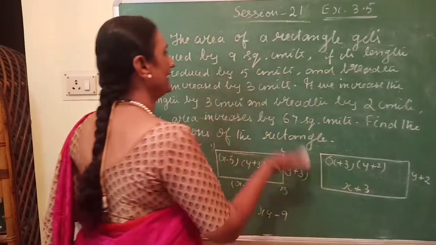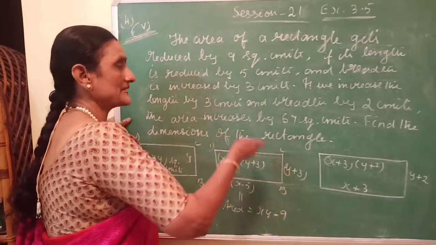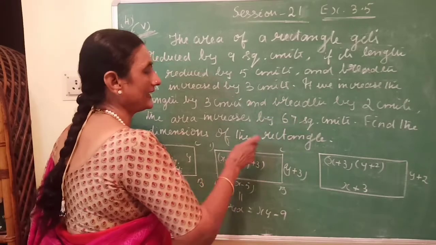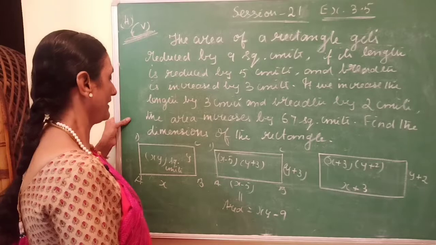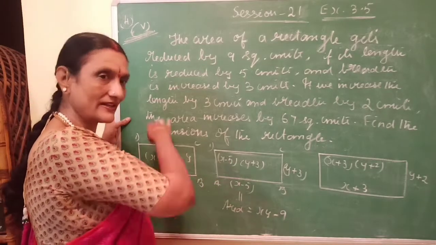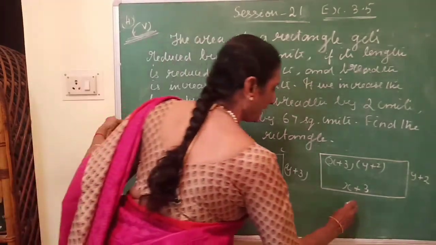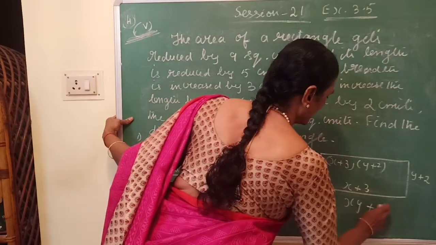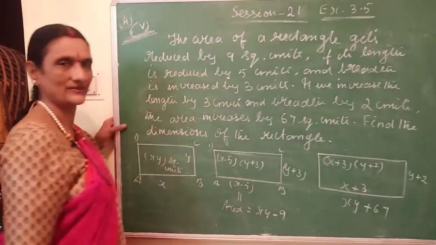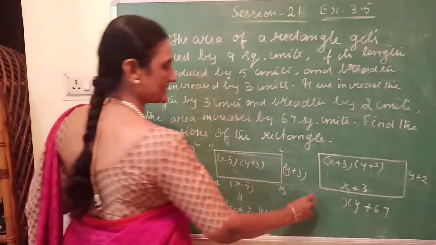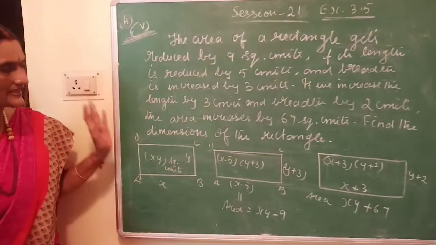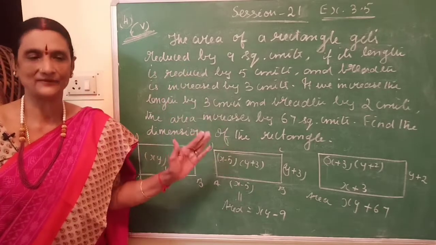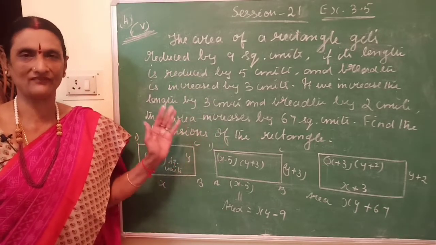So the total area increases by 67 square units from xy. Originally it was xy. Now it has become xy plus 67. This is the equation. So these are the initial assumptions that you have to proceed with the sum.